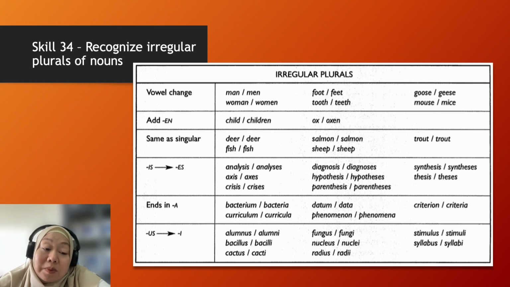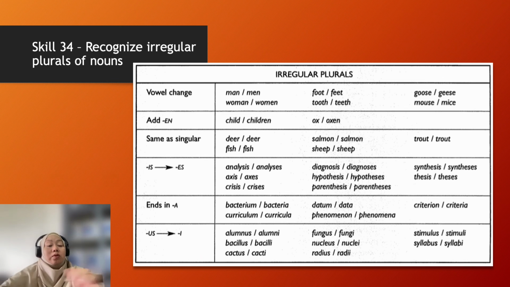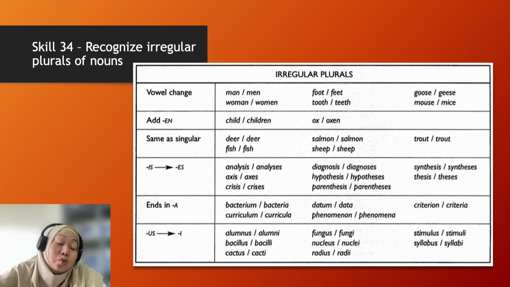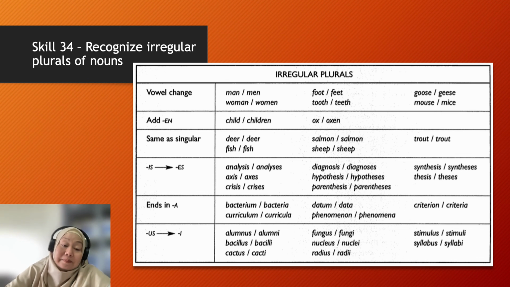And the last one will be from the suffix us changing into the suffix i. Sorry, yeah. From suffix us to change into suffix i.